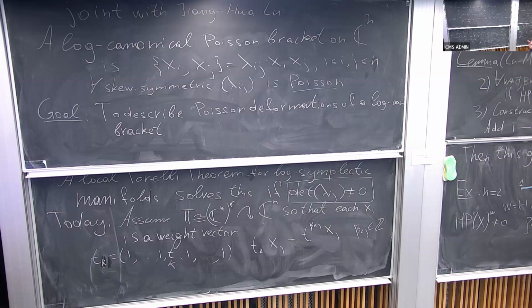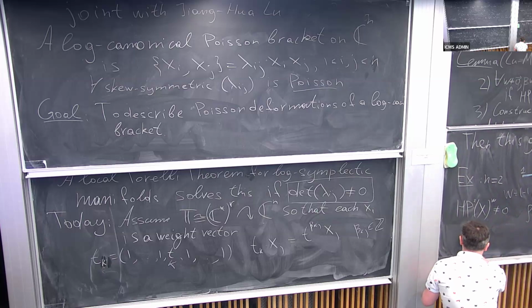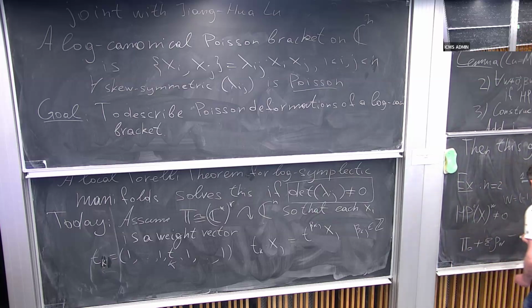Actually, if you just look at one edge, then phi 0 plus lambda, plus, let's say, epsilon times rho w, is an honest Poisson deformation, where phi 0 is my log-canonical bivector, with lambda ij xi xj.